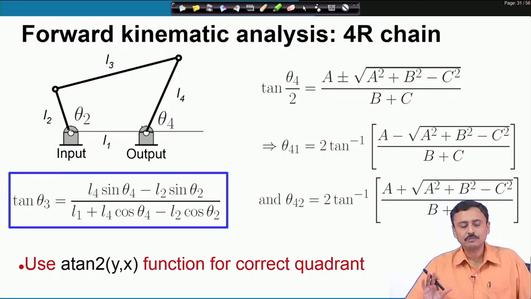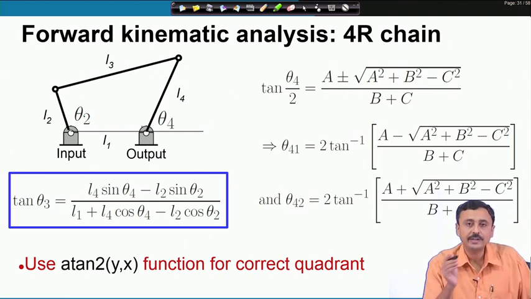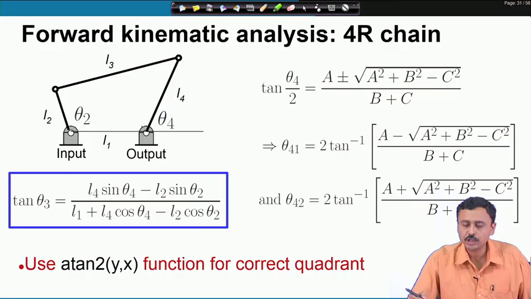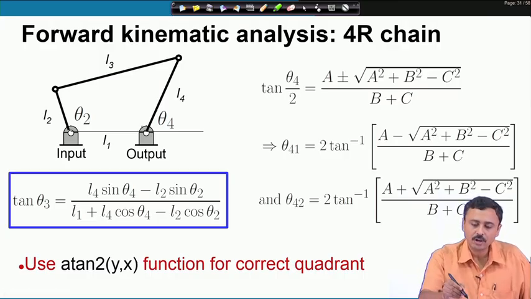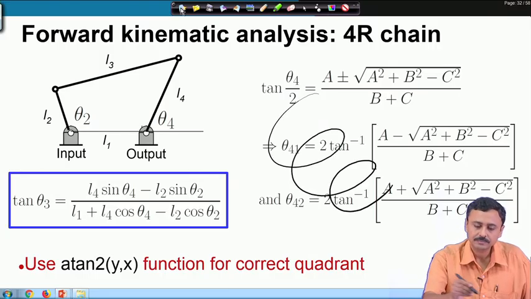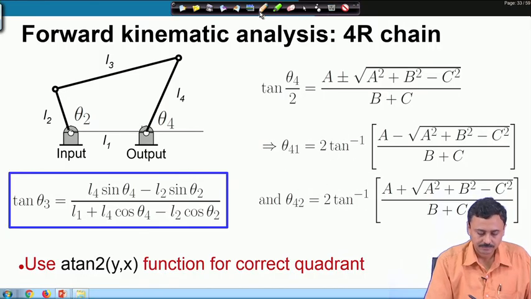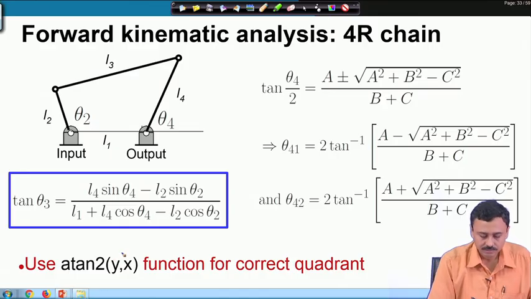In certain softwares the format might be different, but there is a function corresponding to a tan 2 which takes the numerator and denominator separately, because we have a ratio here, tan inverse, a ratio. You have to give the numerator and denominator separately. So, this is our numerator and this is the denominator.